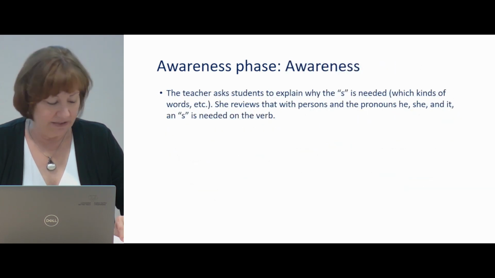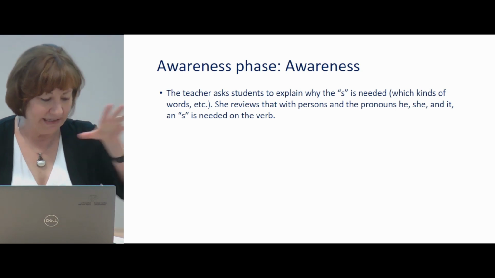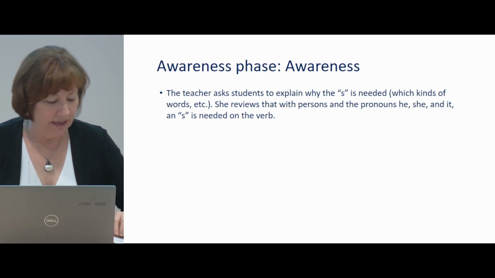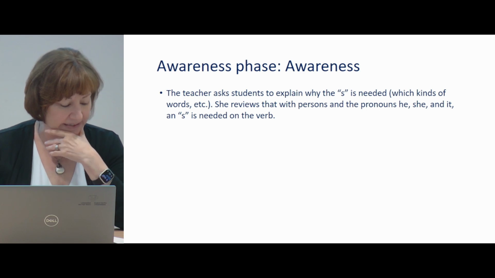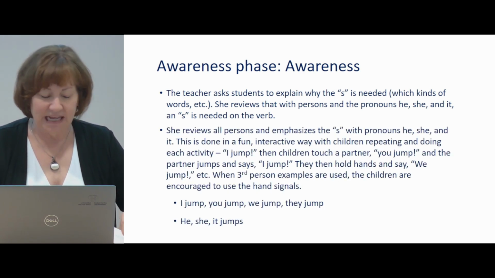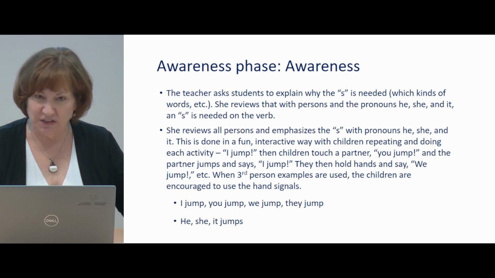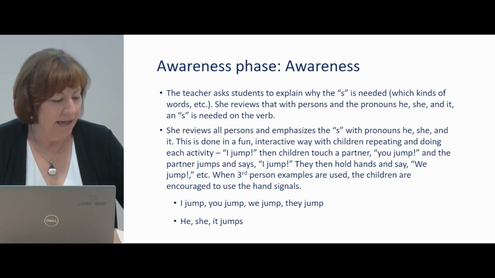And then the awareness phase continues, now moving from noticing to awareness, or getting to understand the rule underlying the use of the S on third person singular. And the teacher starts out by asking students questions about this, what types of words these action words are.